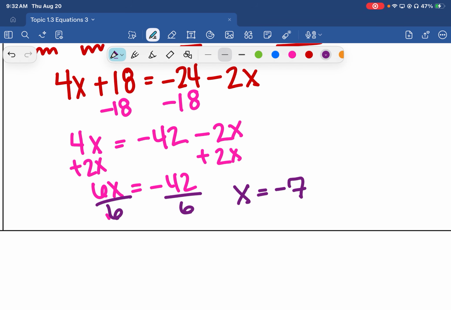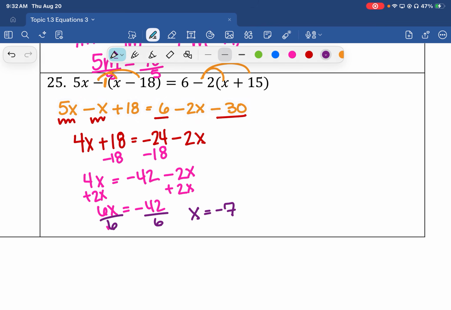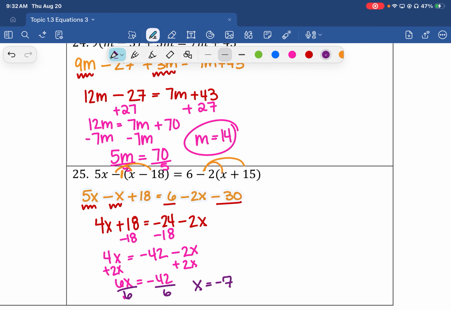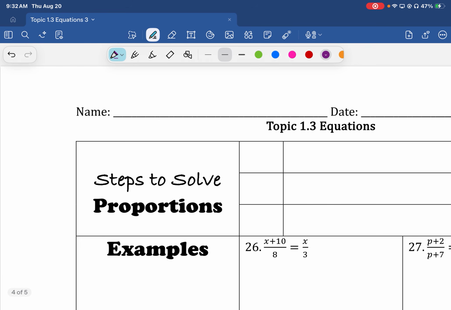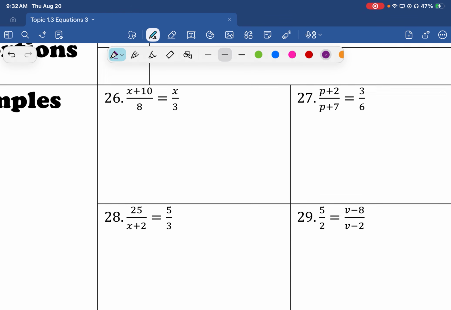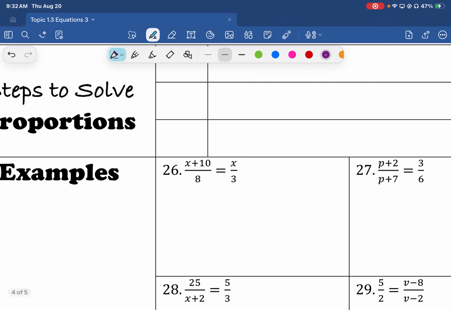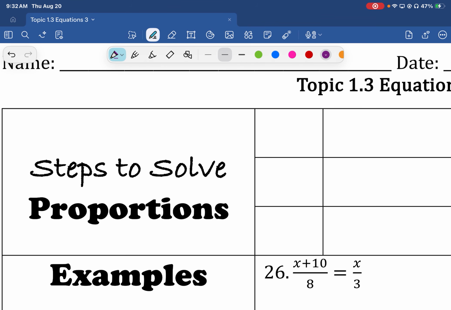All right. So today we are also going to look at proportions, because proportions are essentially just another multi-step equation. Whenever we have a proportion, we have two fractions that are equivalent to each other. An example of proportions: 1/2 is proportional to 2/4.